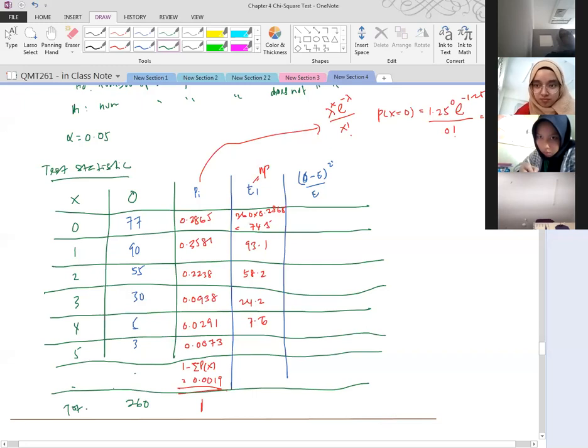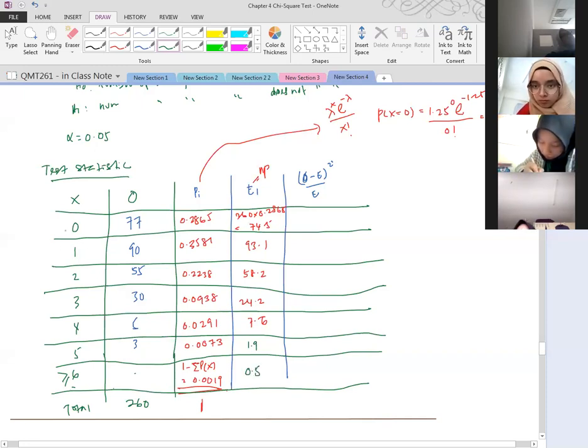And the cell here should be more than or equal to 5. So now this one should be 1.9. The last is n multiplied with p, where n is 260 and p is 0.0019, giving 0.5.